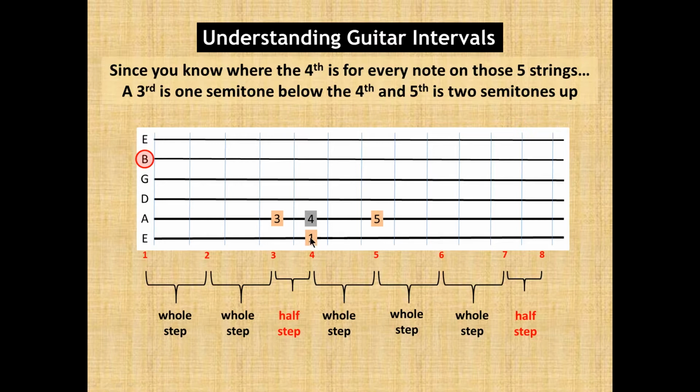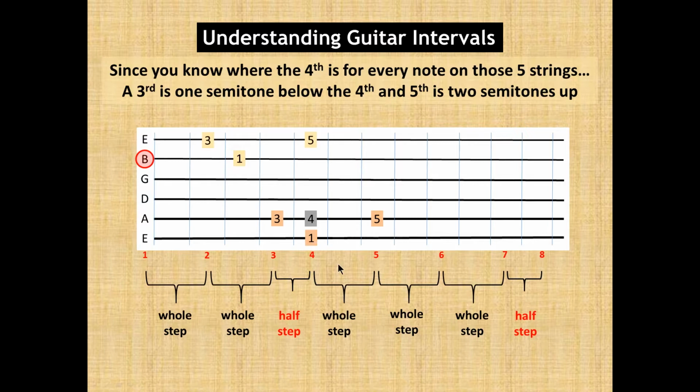And so if you place your root anywhere up and down the neck, you can find the 1-3-5 pattern. We know the 3 is a half step below the 4. We know the 5 is a whole step above the 4.